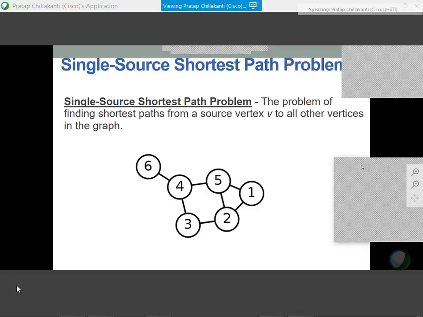So if you are given a graph like that, let's say your source is 6 or maybe 1, wherever, right? Your goal is to find the shortest path from that source to that vertex for all the vertices.